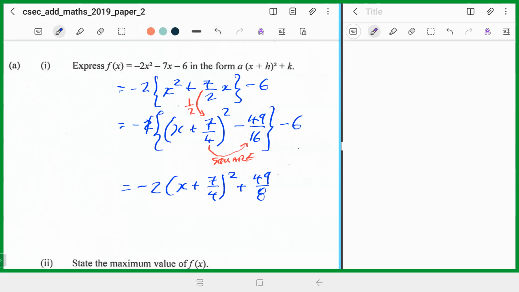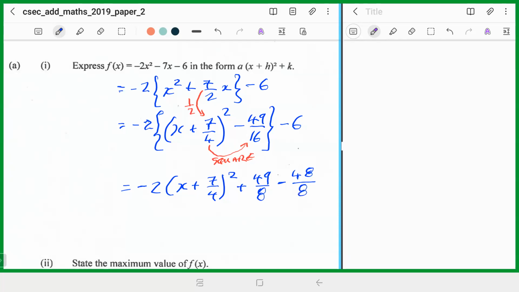And then the 2 cancels into 16, giving me the 8. And then this 6 is the same as 48 over 8. So minus 48 over 8, sorry, my bad. 48 over 8 is correct.